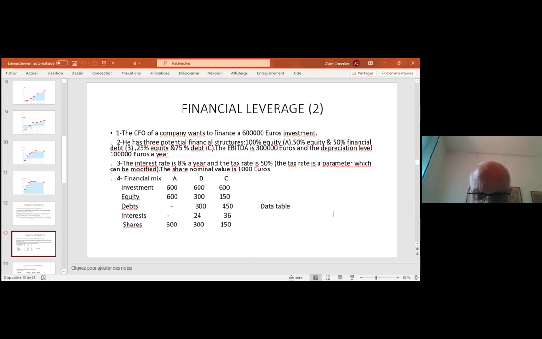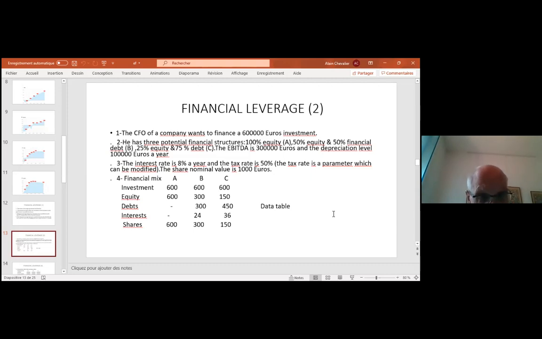So they are very different. Anyway, the level of investment is the same. There is no connection or link between the financial mix and the investment decision.